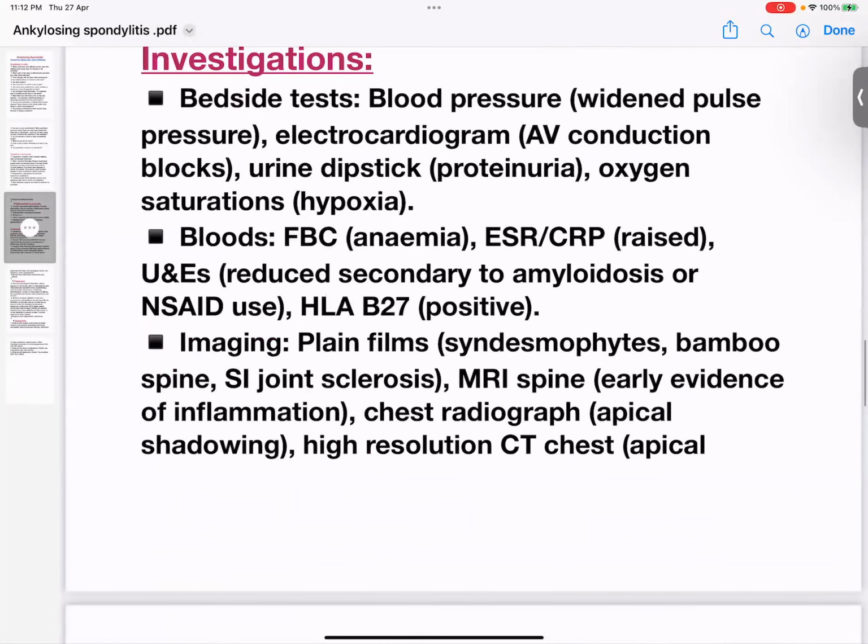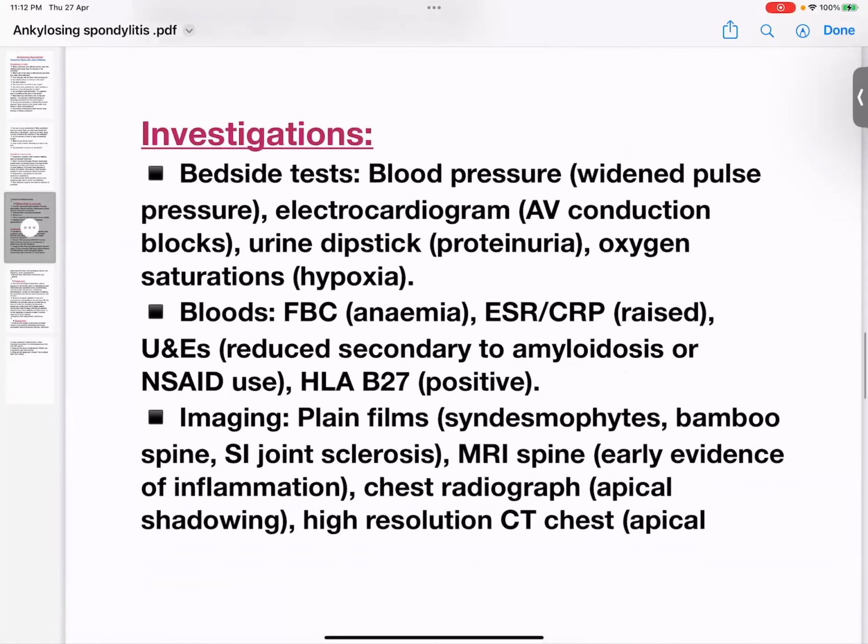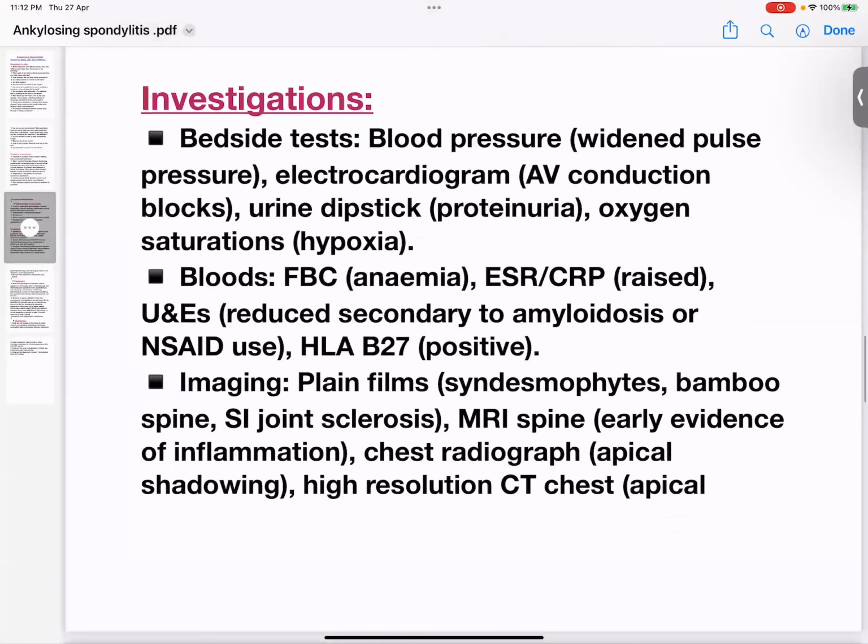Investigation: blood pressure is most important. You should think about measuring the blood pressure, ECG, urine dipstick for proteinuria, oxygen saturation for hypoxemia or hypoxia, in order to exclude the presence of any complications related to the heart or to the chest or respiratory system.